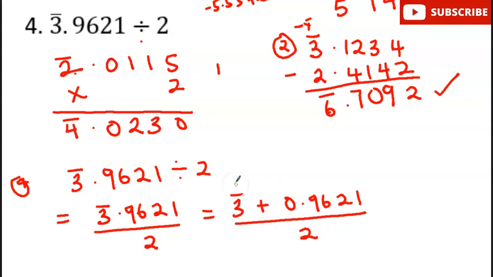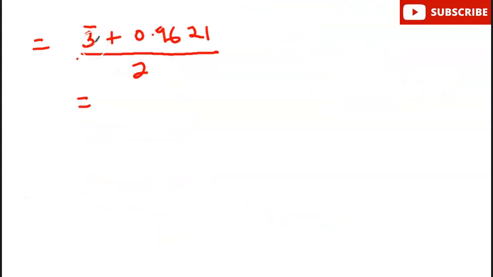You need to rewrite this so that the characteristic will be divisible by 2, the denominator. Now the characteristic here is 3 bar. So what should we add to this so that it becomes divisible by 2? So we can add 1. So let's add 1. 3 bar plus 1 bar.